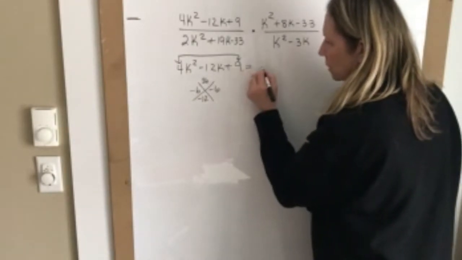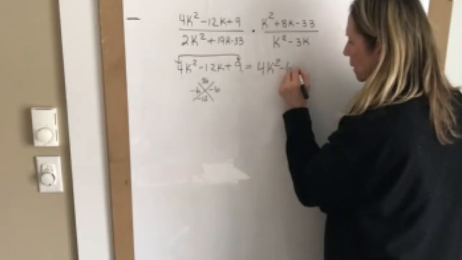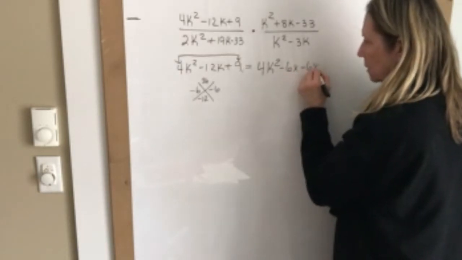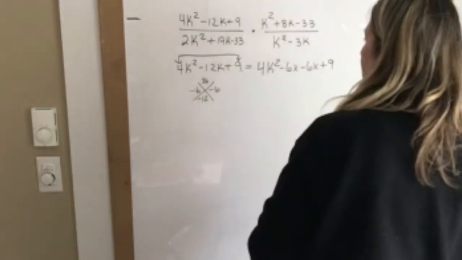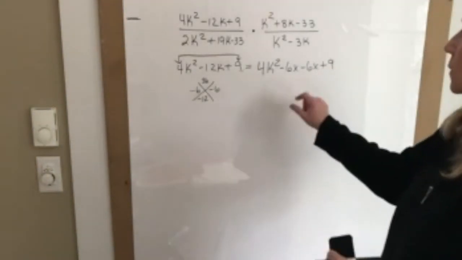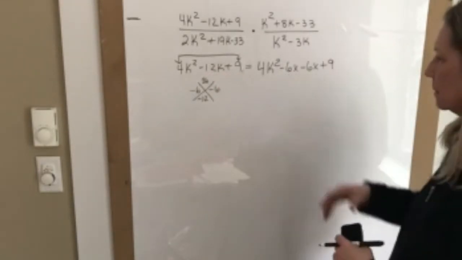So this can be rewritten as 4k squared minus 6k minus 6k plus 9. And as you can see, that's exactly the same thing. The only difference here is we've just taken the 12k and made it 2 minus 6k's.